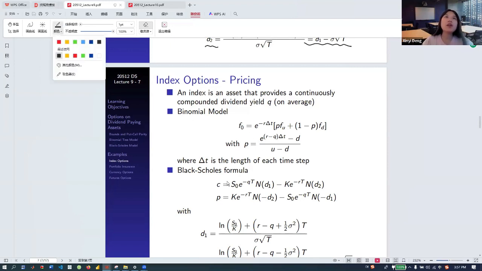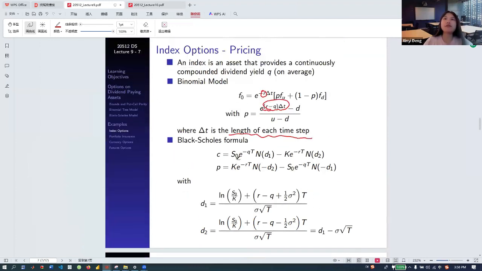So the only thing different here is just this. The option contract is still discounted utilizing r. Also, delta t here is the length of each time step.